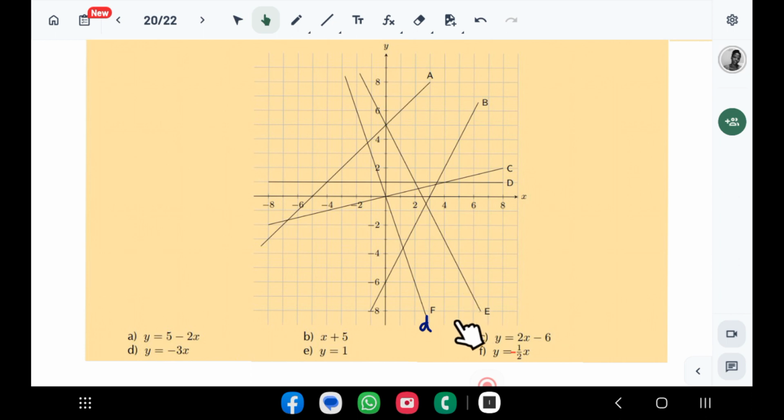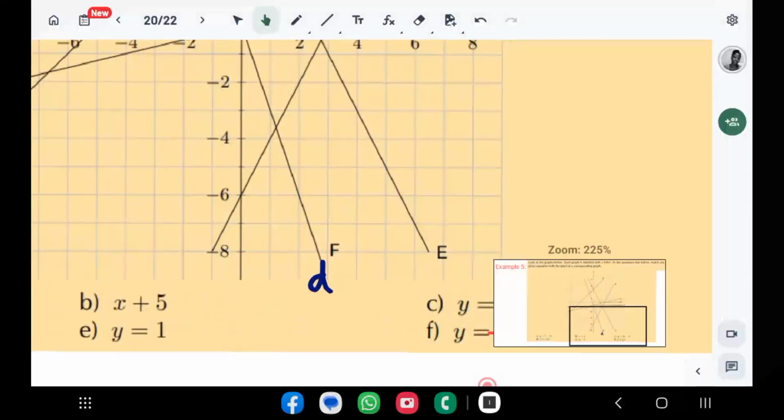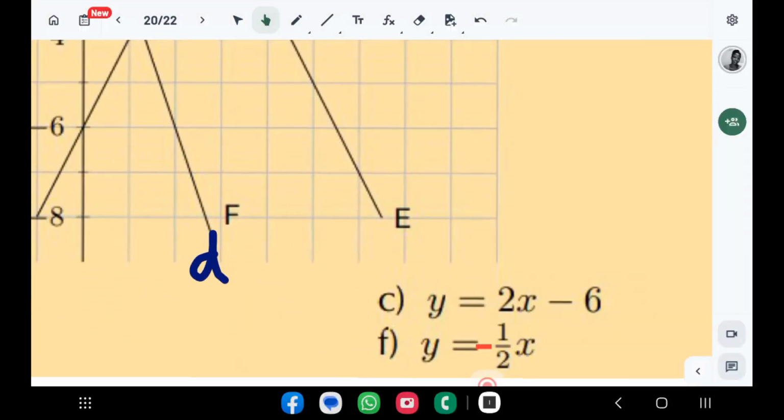Y-intercept of 5. And the gradient is negative 2. The gradient is negative. Yes, so that's number A. E goes with number A.